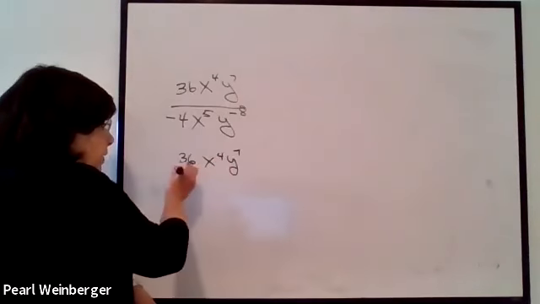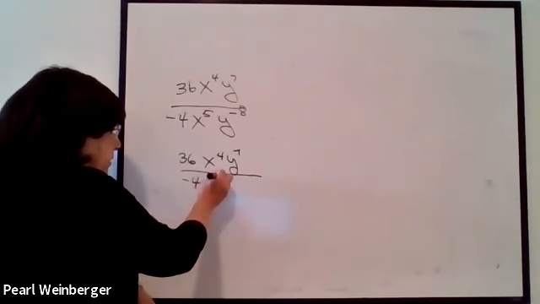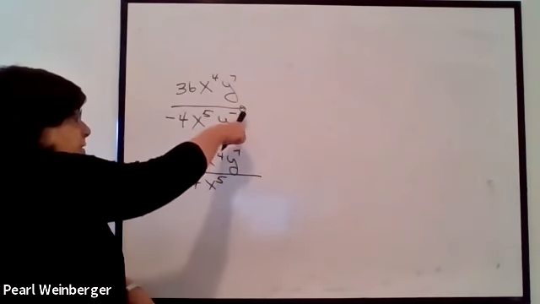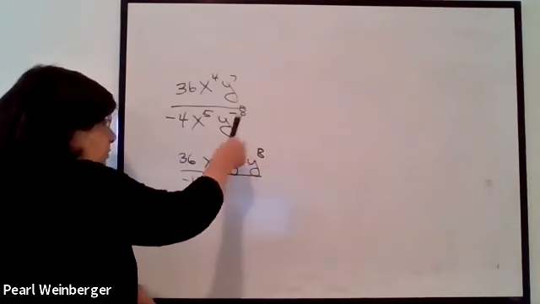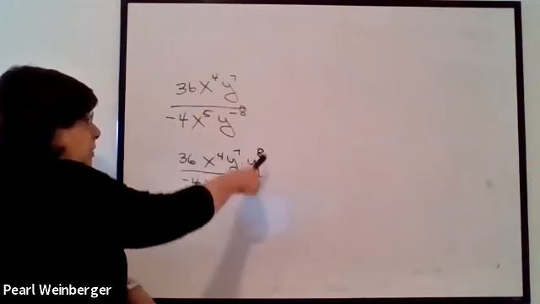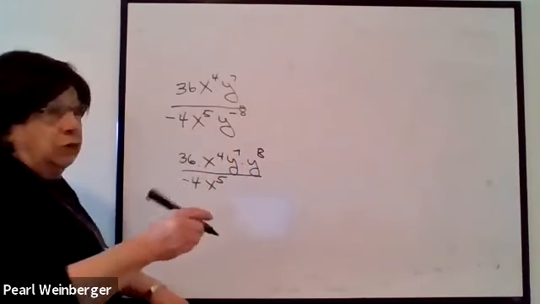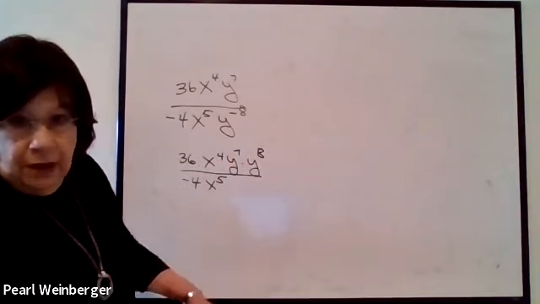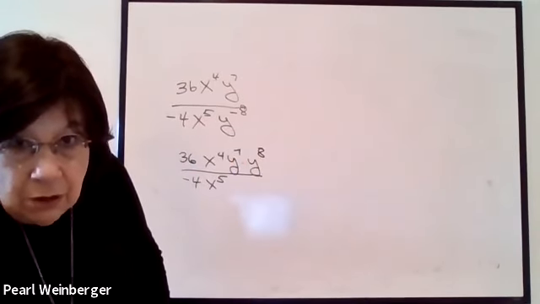I'm leaving all of that in the same place, and the negative 4x to the fifth I'm leaving. But this y to the negative 8, I'm bringing it from the denominator up to the numerator because it's got a negative exponent. I have to take its reciprocal, which means anything that's on the bottom goes up on top, anything that's on top goes on the bottom.